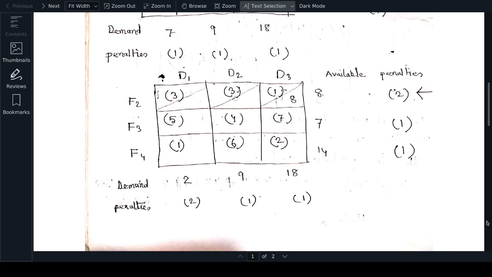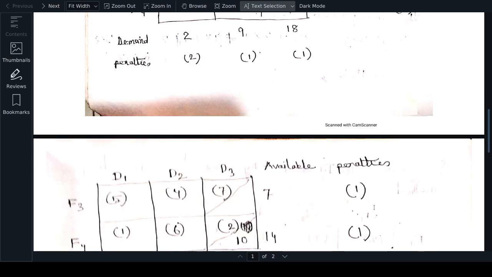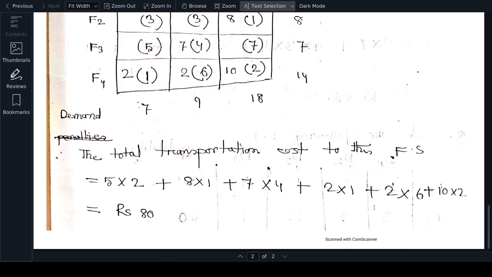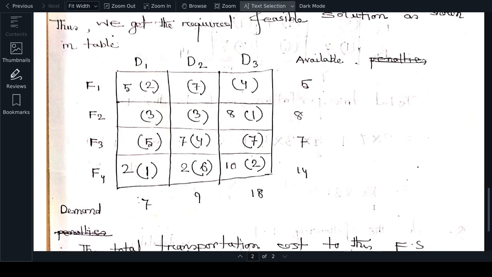Ishita, question again you will practice and you will see the theory, because in 7 or 8 marks question asked, discuss unit cost penalty method or Vogel's approximation method, or sometimes write a short note. Okay, these 3 methods I have given.